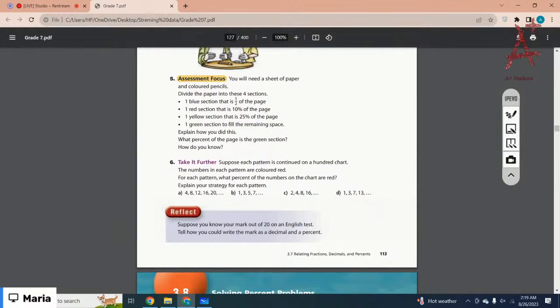Okay, let's start with the first pattern: 4, 8, 12, 16, and 20. Suppose each pattern is continued on a 100 chart. The numbers in each pattern are colored red. For each pattern, what percent of the numbers on the chart are red? Explain.